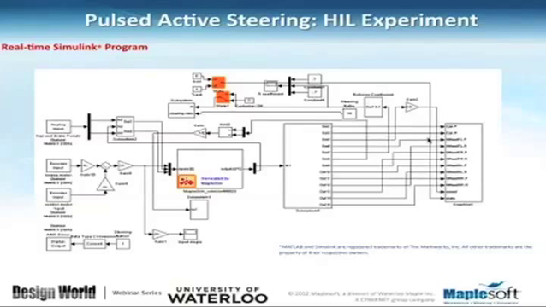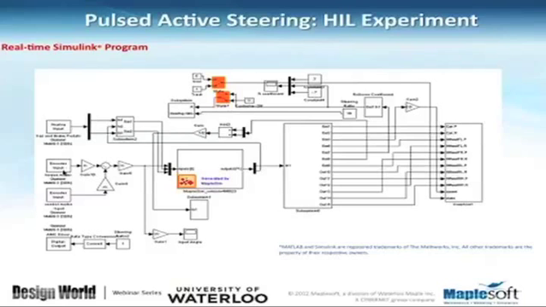So we developed the model of the vehicle in MapleSim, converted that into an S-function for Simulink, exported that into Simulink, and then around that we put the controller and also the hardware input and output. If you look at the left-hand side of the diagram, you see the analog input, encoder input.